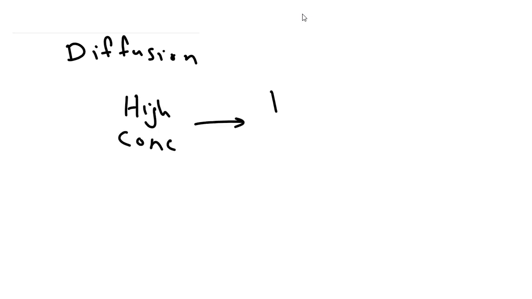But that definition of diffusion is assuming that the membrane potential is zero. So if the membrane potential is zero, the definition of diffusion just becomes going from an area of high concentration to an area of low concentration, membrane potential being zero.